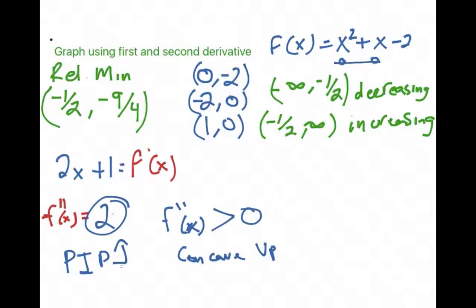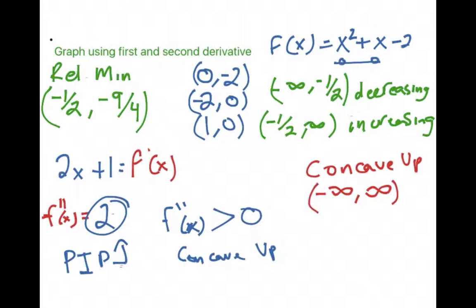So our function will be concave up all throughout, from negative infinity to infinity, because this quadratic function does not change concavity at any given point. It does not have any point of inflection or a possible point of inflection.